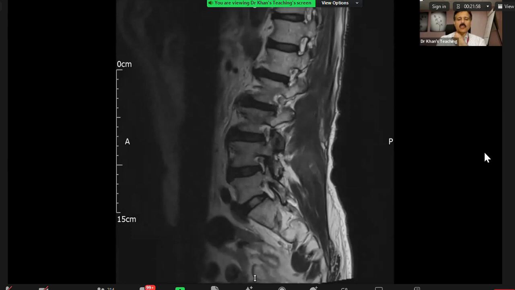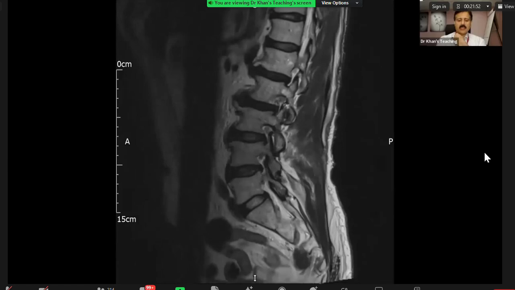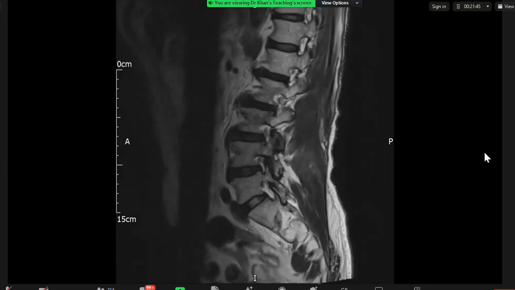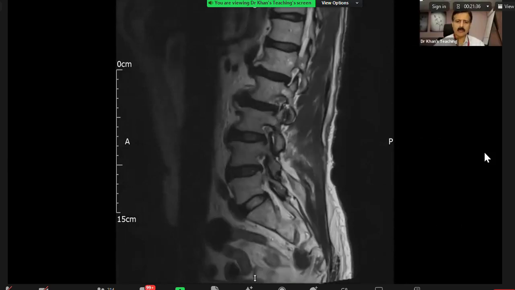Do you see anything? I've got a low signal in the pedicle of L4. Where is that? Here. Can you see me on? Oh, I've lost control. L4.